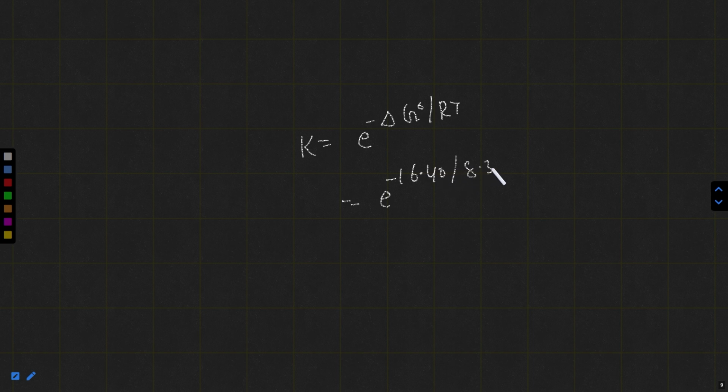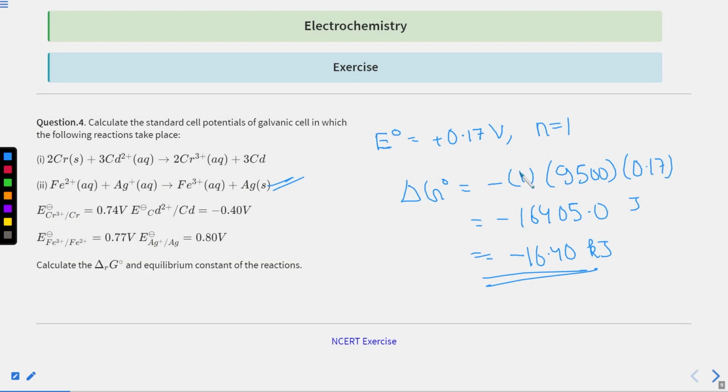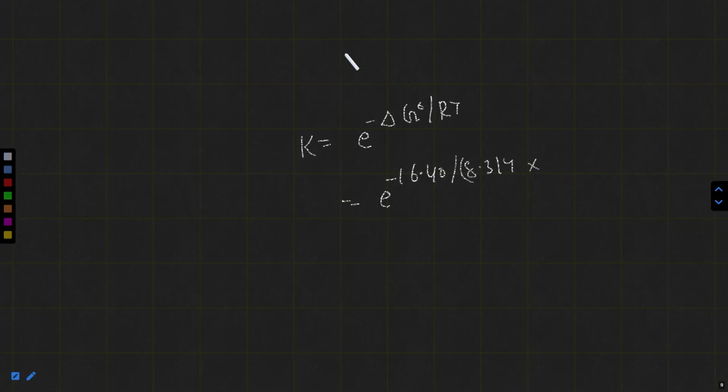It will be 8.314, multiplied with temperature. We have the standard temperature, 25 degrees Celsius, because we are taking the standard condition. So remember this value: at standard condition, the temperature is 25 degrees Celsius or 298 Kelvin. Put this value here.